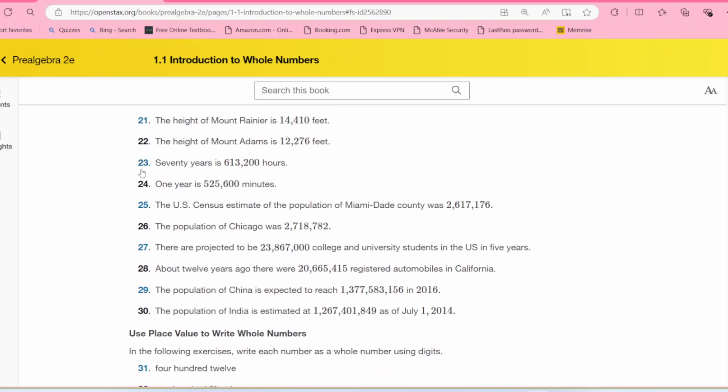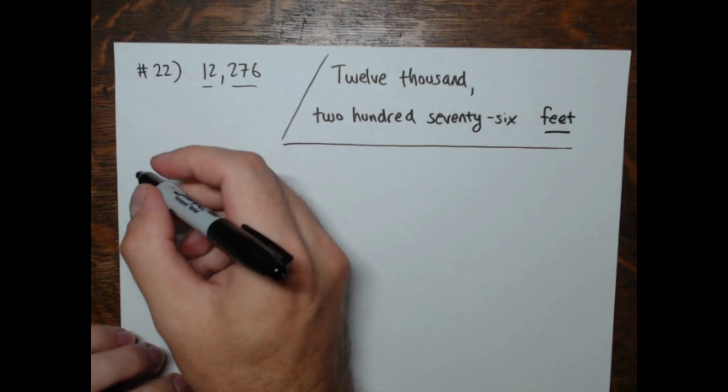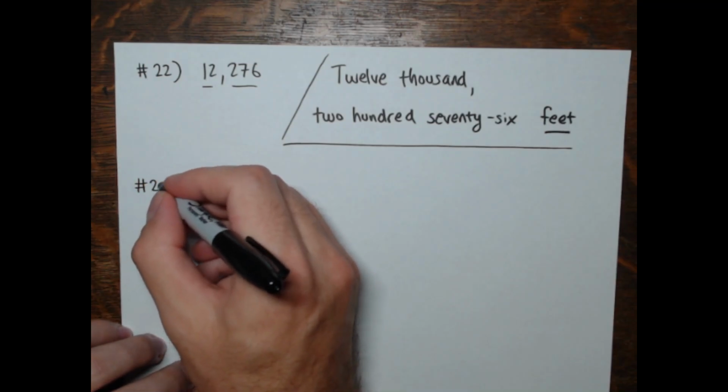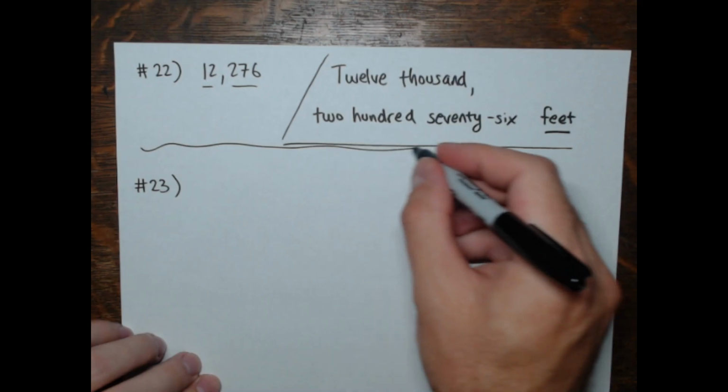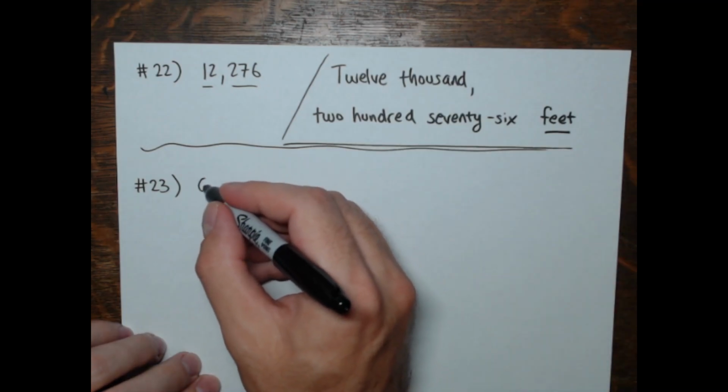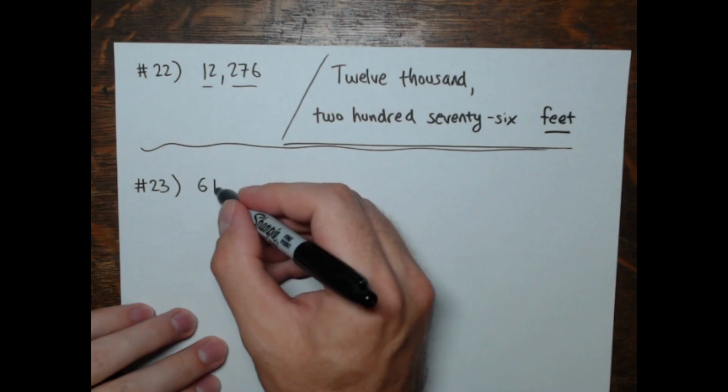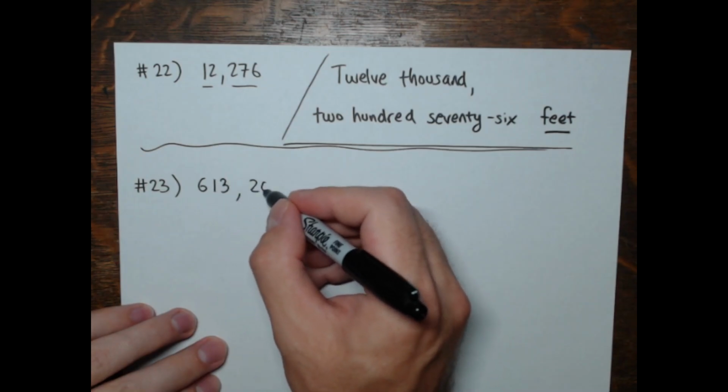23. 70 years is 613,200 hours. So just writing out what I just said, in words. So number 23, the number given in this problem, 613, comma, 200.